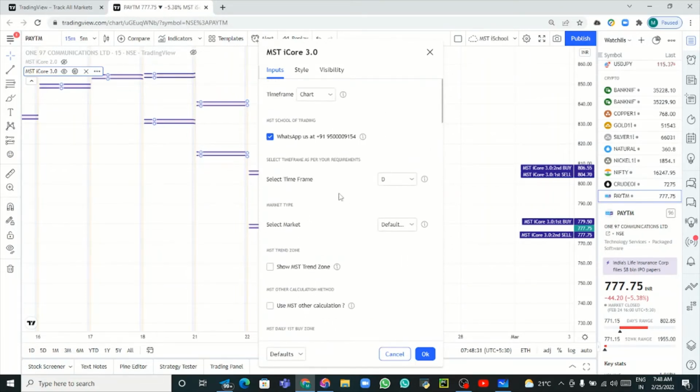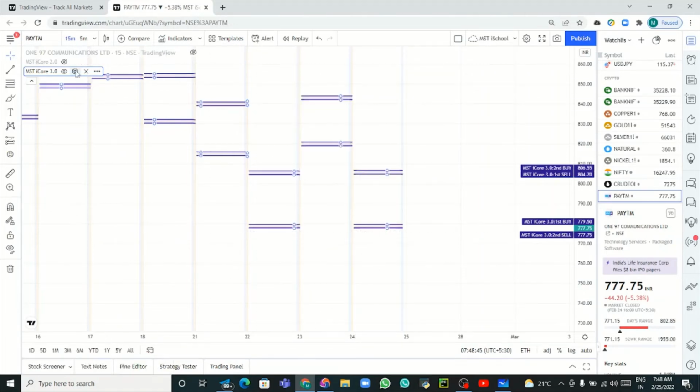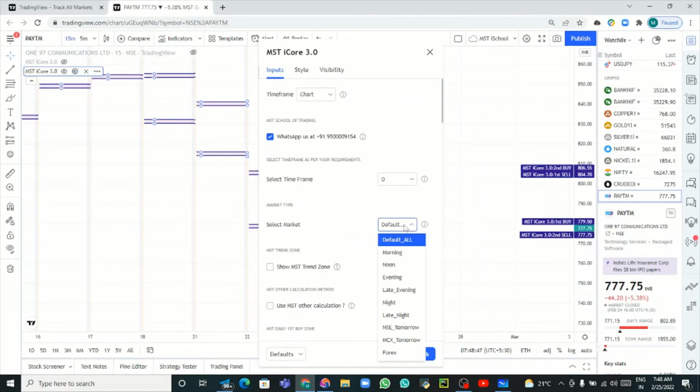Okay, now we come to an important section, that is the advanced version. Select market type. When the day starts, you have to start with the default settings. See the market type, what you have to select? Default. It is for all the markets, default only.